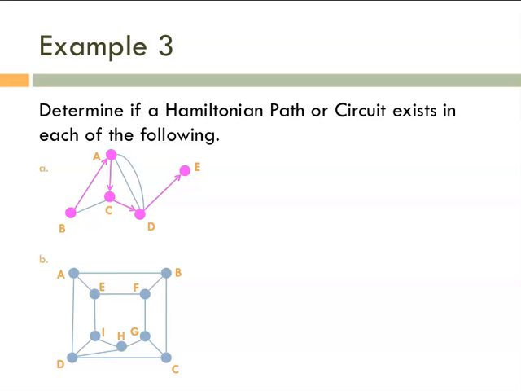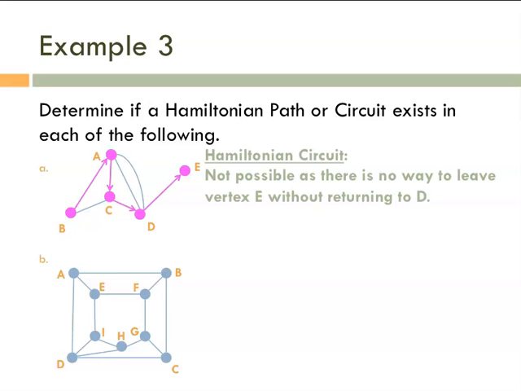Okay, but in terms of a circuit, what happens here? Well, anytime you get to E, there is no way to get to another vertex without going back to D, right? So in terms of a Hamiltonian circuit, we can say that it's not possible because there's no way for us to leave vertex E without going back to D. And by going back to D, then you would be going back to a vertex you've already been to, right?